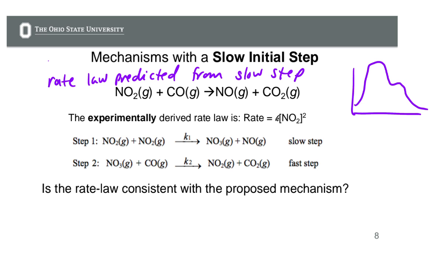So using these 2 elementary reactions, these are representing this overall reaction where we have NO2 plus CO forming NO and CO2. A proposed mechanism for this is that we have NO2 plus NO2 forming NO3 and NO, and then step 2 having NO3 plus CO forming NO2 and CO2.